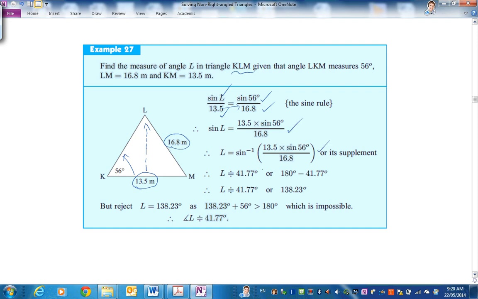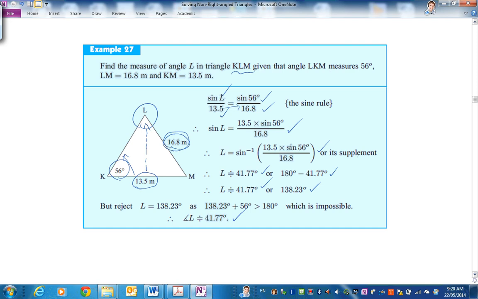So it could be 41.77 or 180 minus it. But, hang on, this is not opposite the largest side here. This angle 56 has 16.8 opposite it. So L only has 13.5, it's going to be less. So here, therefore, L is this one.